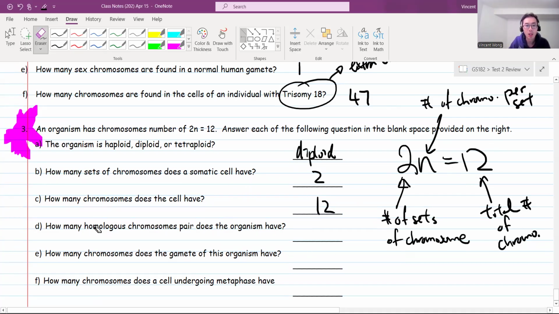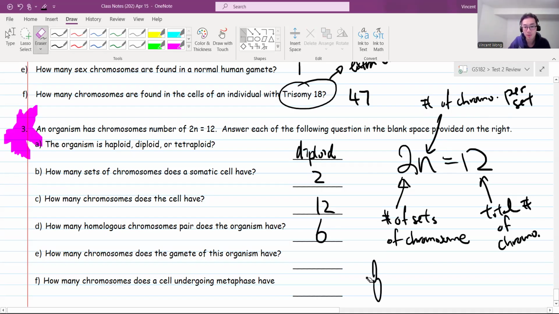How many homologous chromosome pairs does the organism have? Okay, 12 pairs, right? Oh, sorry, my bad. I totally did this wrong. 6 chromosomes per set, so 6 pairs.